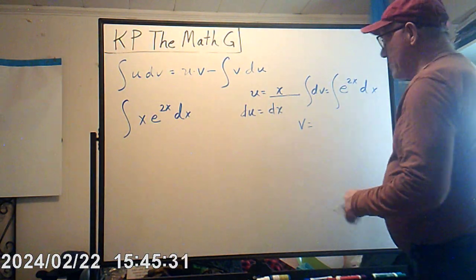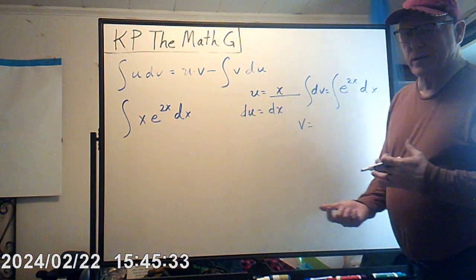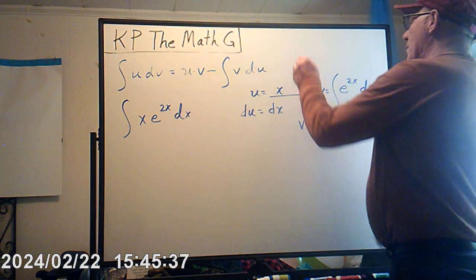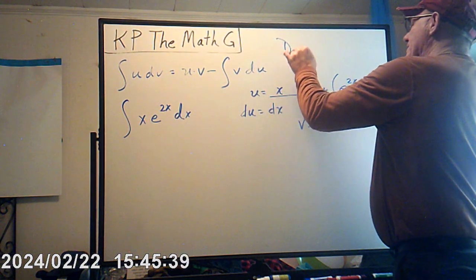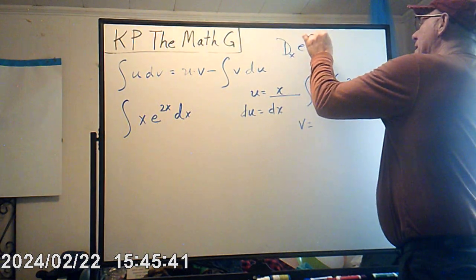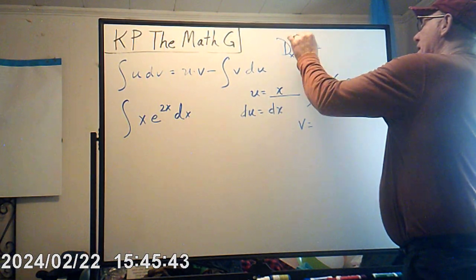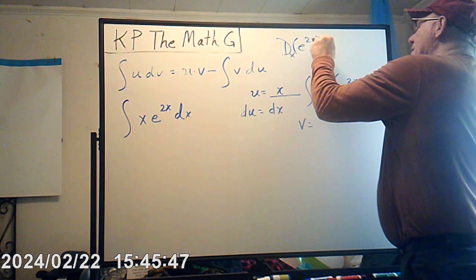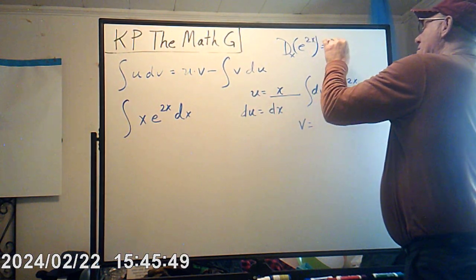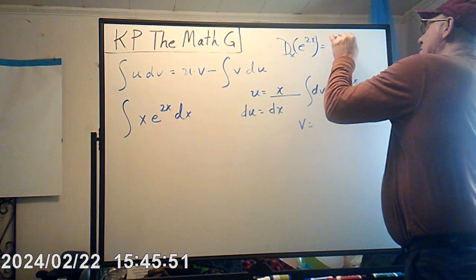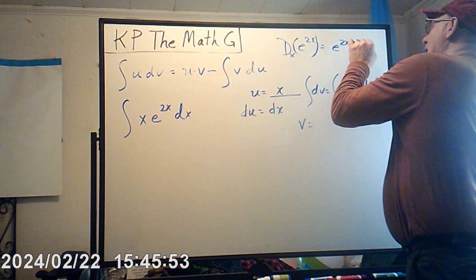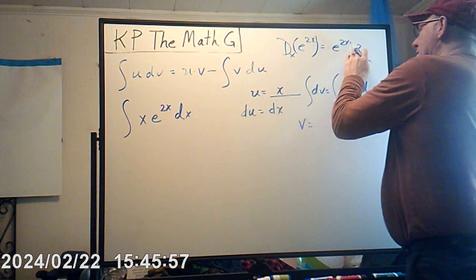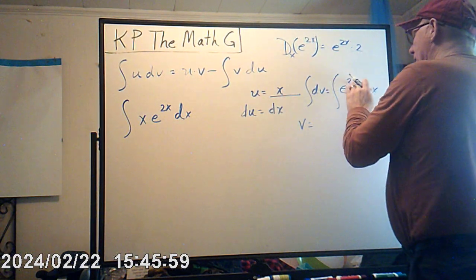Now I want to show you maybe a shortcut to this. When you take the derivative of e to the 2x, that's equal to e to the 2x times 2. But when you integrate, you're multiplying by 1/2.